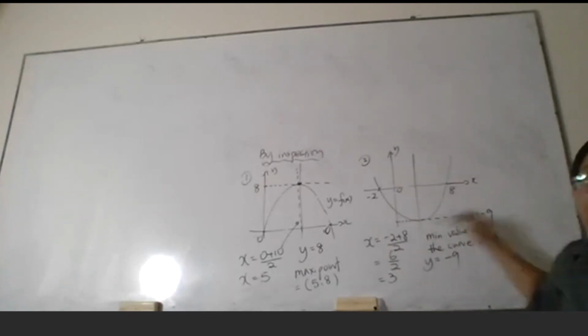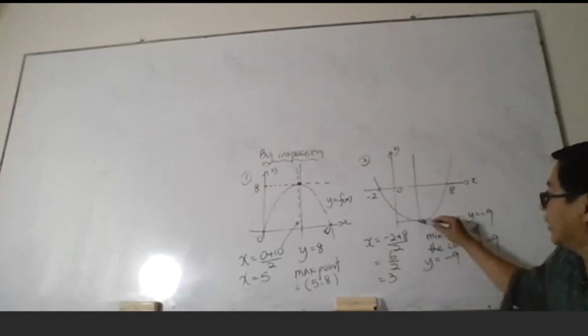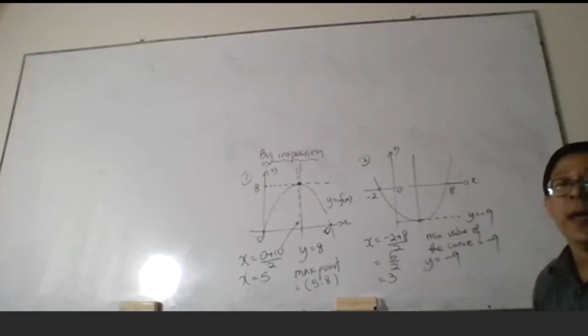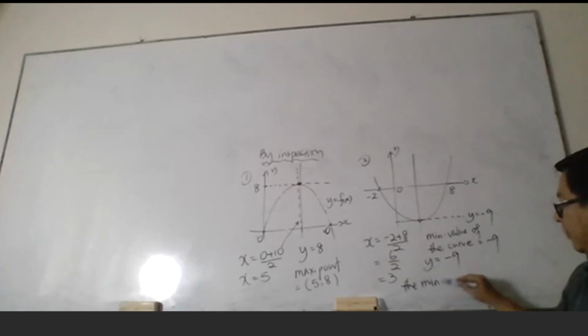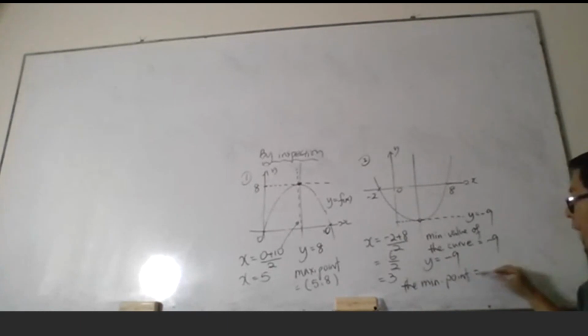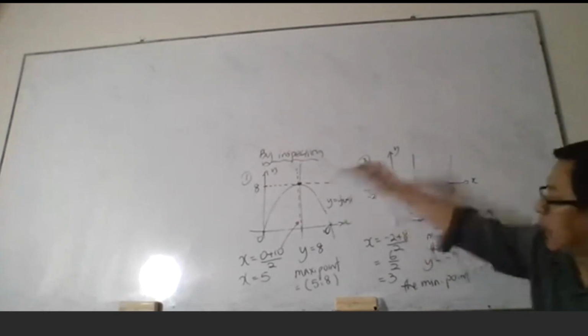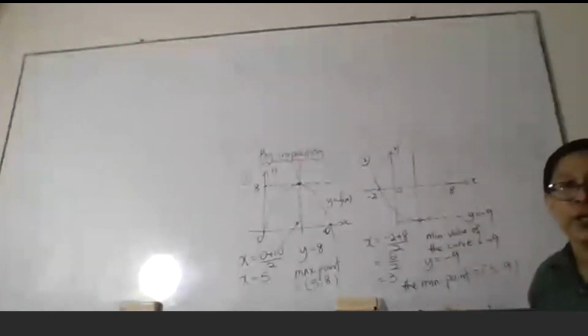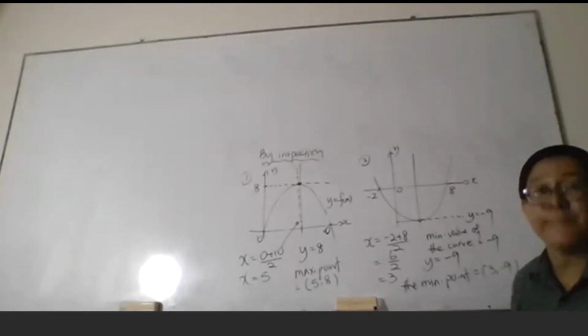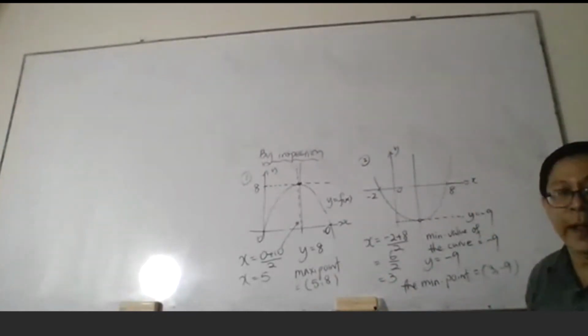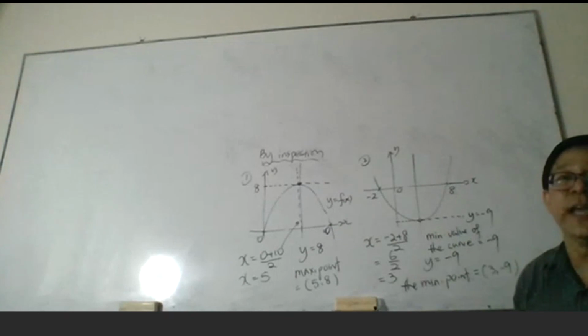Because it's a parabola U, this turning point is called the minimum point. So the minimum point will be (3, -9). The previous example is a parabola N, so we got a maximum point. And please do not copy, it's already in your notes.